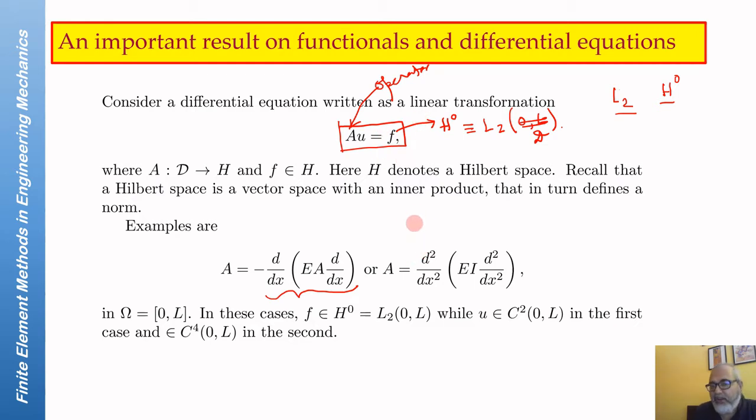So you will have to choose u from either C2 or C4, if the domain over which this is defined is called omega, and that stretches from 0 to L. If omega stretches from 0 to L, then if A is this operator, you must have at least up to second continuous derivatives in 0 to L. If this is the operator, then it must have fourth.